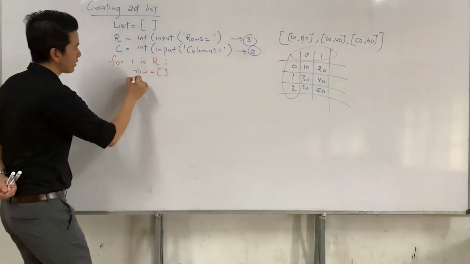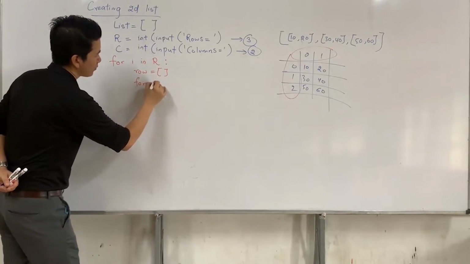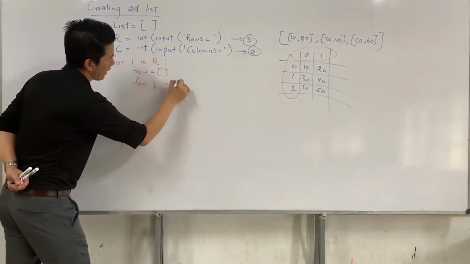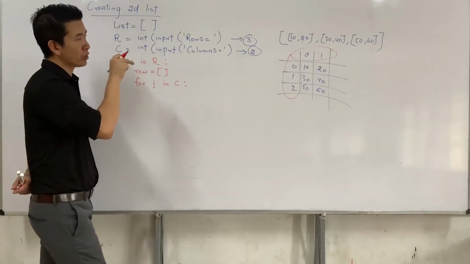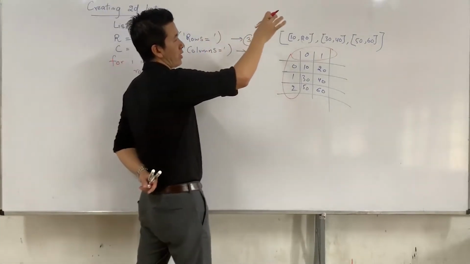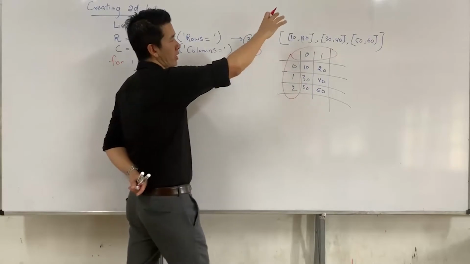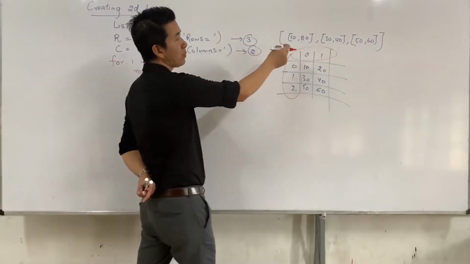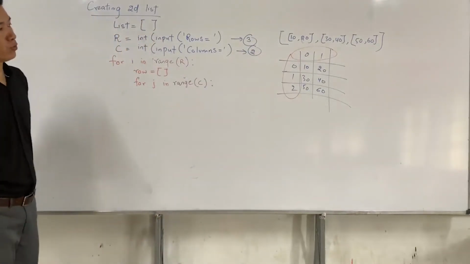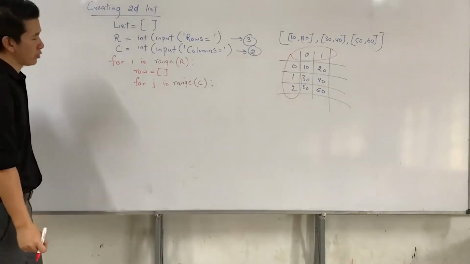I'll come to that a little later. And then for J in C. Okay, so I is used to keep track of the elements, element number 1, 2, and 3. J is used to keep track of elements within the individual list or the individual element, right?